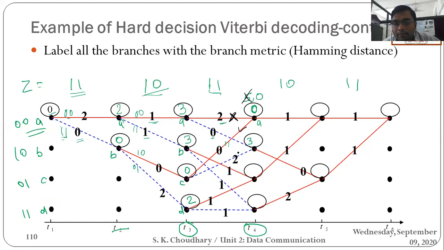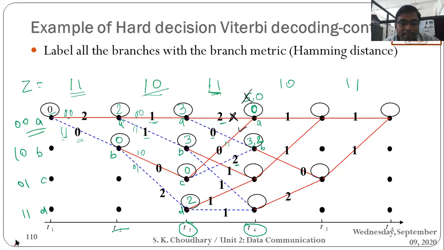Another one is what? To this particular node, another input is coming from C again. So when C receives 1, it moves to B, and when you are at C and receiving the input 1, the output is 0 0. So compare the 0 0 with 1 1. The Hamming distance is 2. So 0 plus 2 is 2.